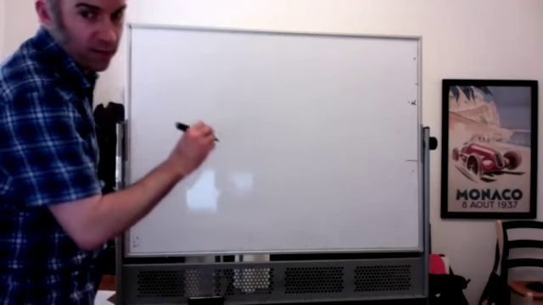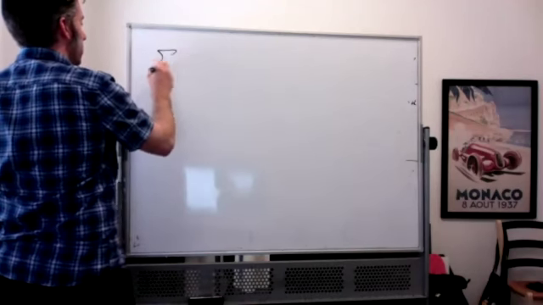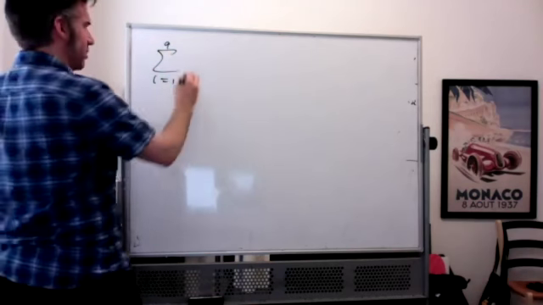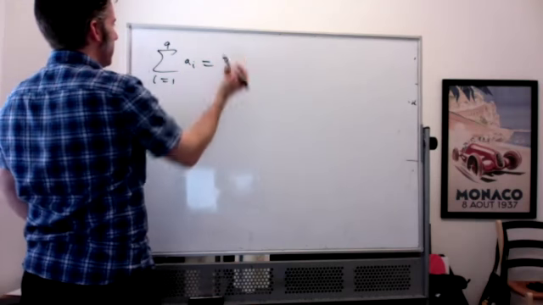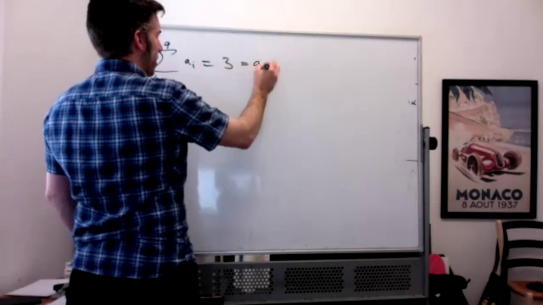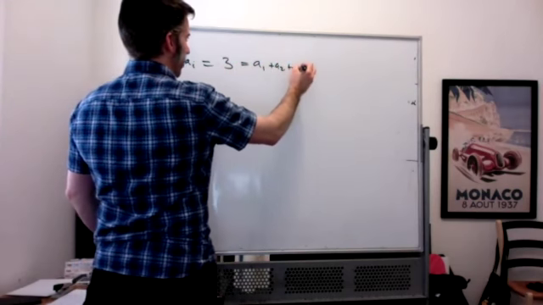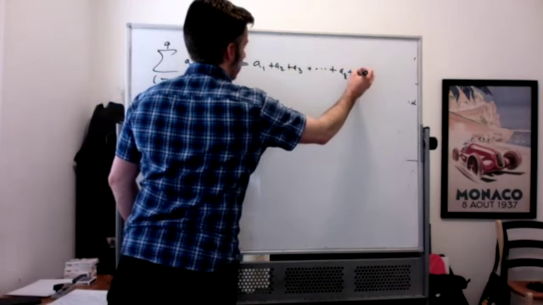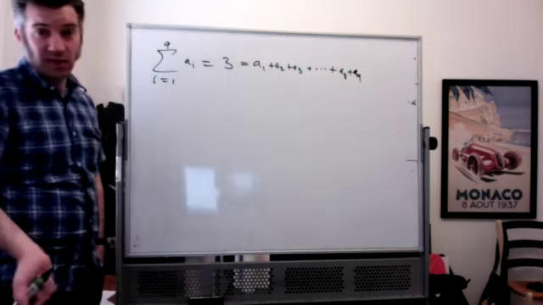We're given the following. Suppose the sum from i equals 1 to 9 of a sub i equals 3. So I don't know what each of these are: a1, a2, a3, all the way to a sub 9. But I know when I add them up, it equals 3.